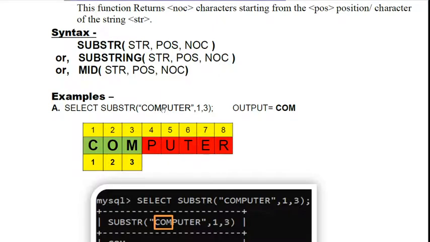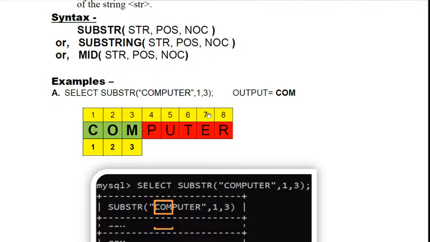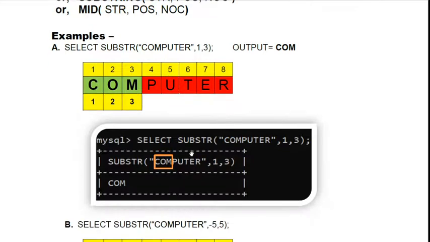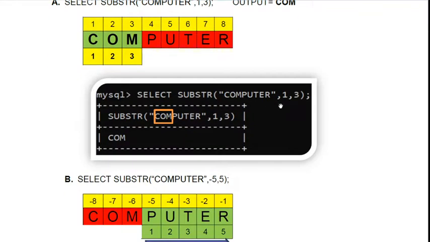The first parameter is the data source, the second one is the starting point, and the third one is the number of letters that it will return. 1 2 3, 3 letters, so the output is COM. You can check in MySQL also. So the first 3 letters appear in the output.